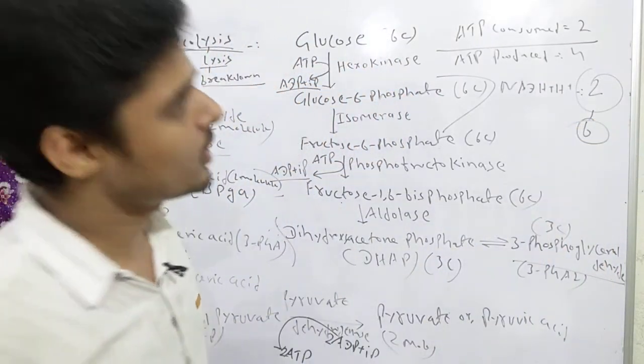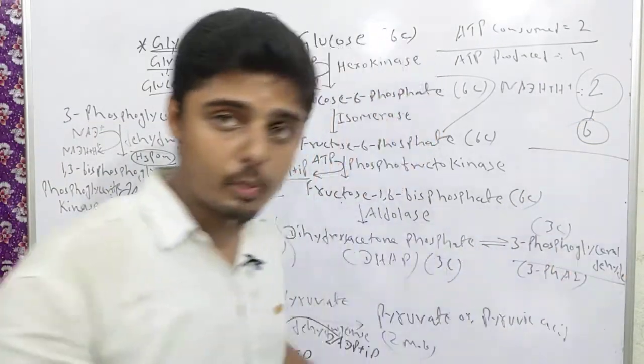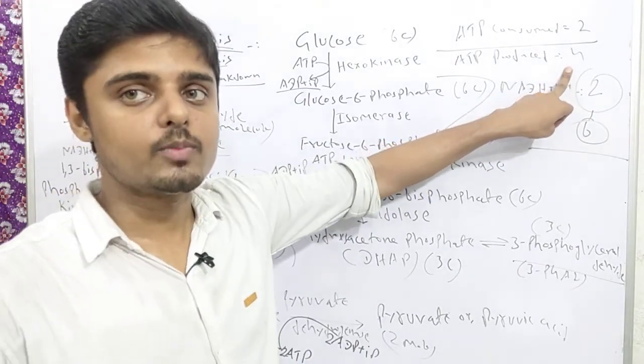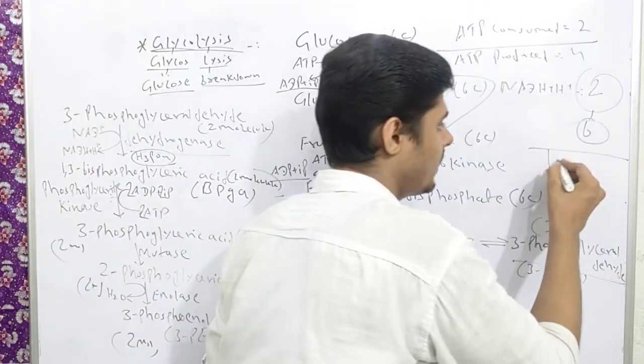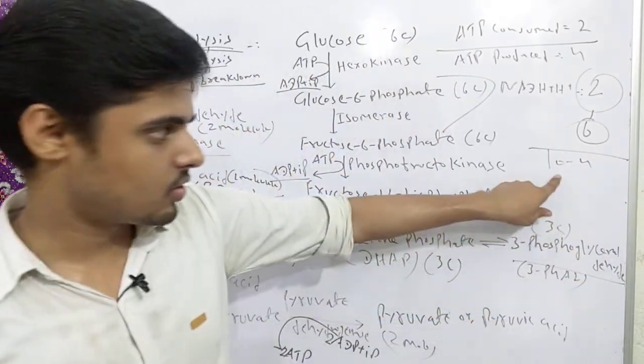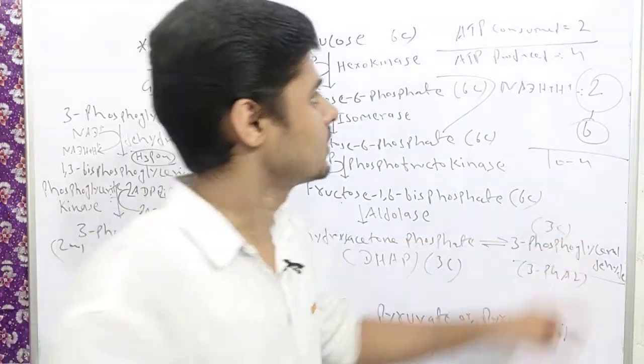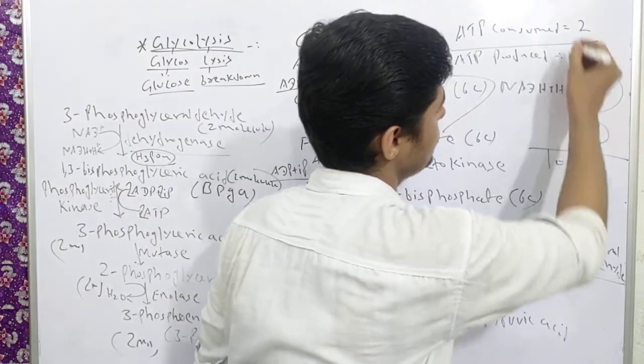Total production is 6 plus 4, 10 ATP, and consumption is 2 ATP.